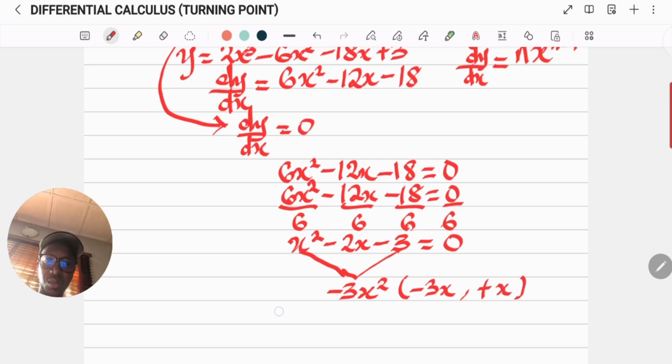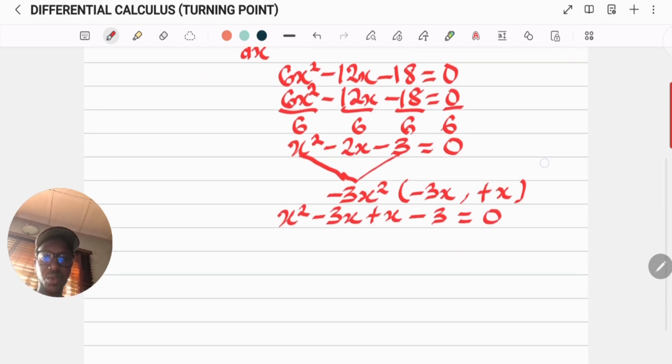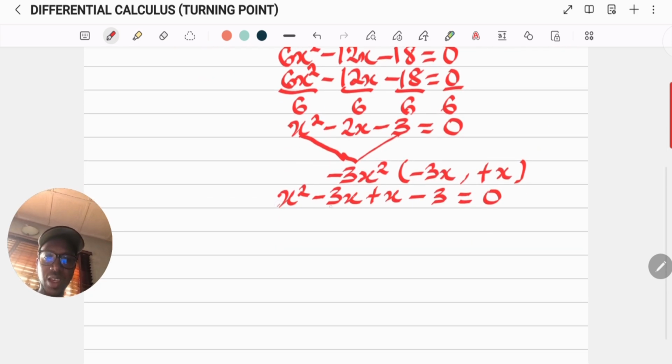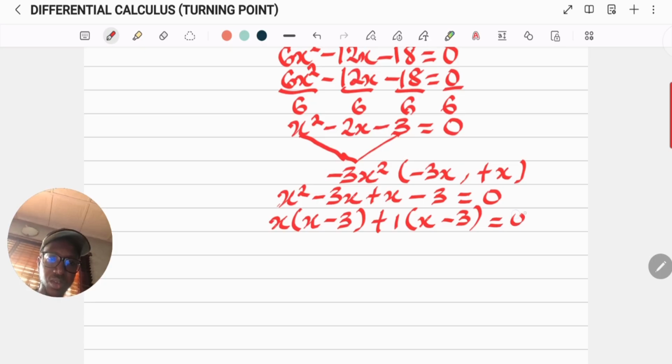So that means we are going to have x squared minus 3x plus x minus 3 equals 0. All right, so from here, we know that x is common to the first two terms, so we bring out x, times x minus 3. Plus 1 is common to x and minus 3, we bring it out, so we have x minus 3, equals 0.